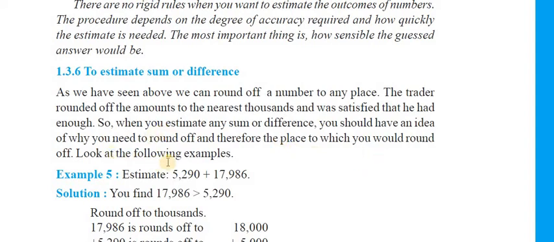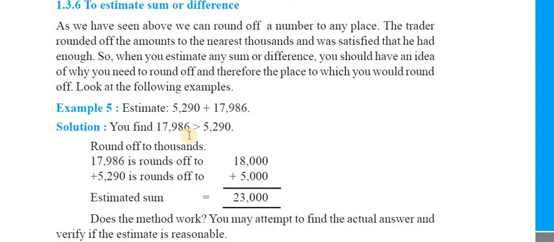Look at the following examples. What he is saying is, the trader did round off. For example, if you took round off to 100, is it possible for him? Is it enough money? No, because he wants to give 37,000. So that is the reason he took the round off to 1000. In the same way, we should have knowledge of in what kind of situation we should take round off. That's what he is saying, and he is showing an example to us.